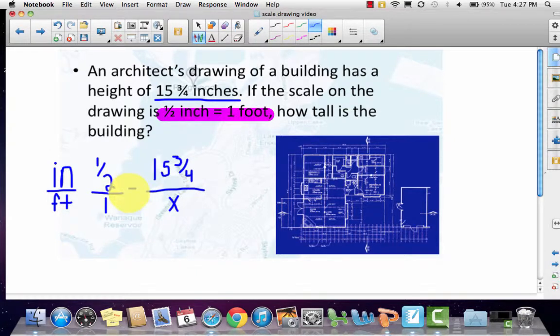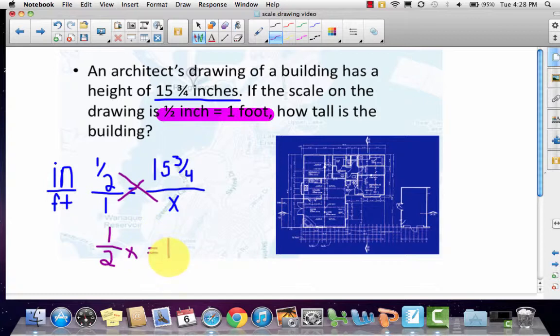At this point, we're going to cross multiply to solve our proportion. If I cross multiply this way, 1/2 times x is 1/2 x. When I cross multiply the other way, 1 times 15 3/4, the product is 15 3/4.